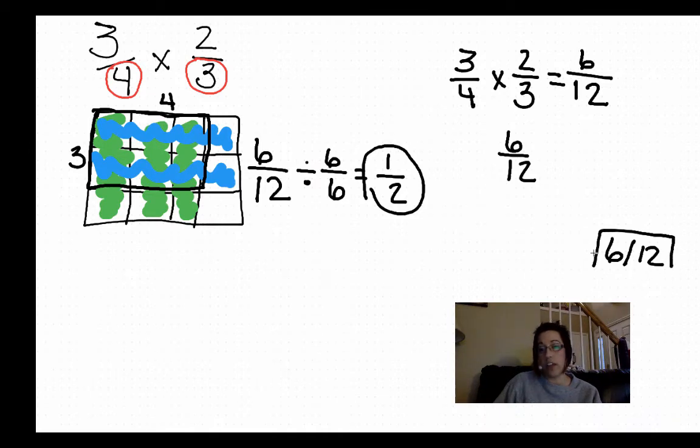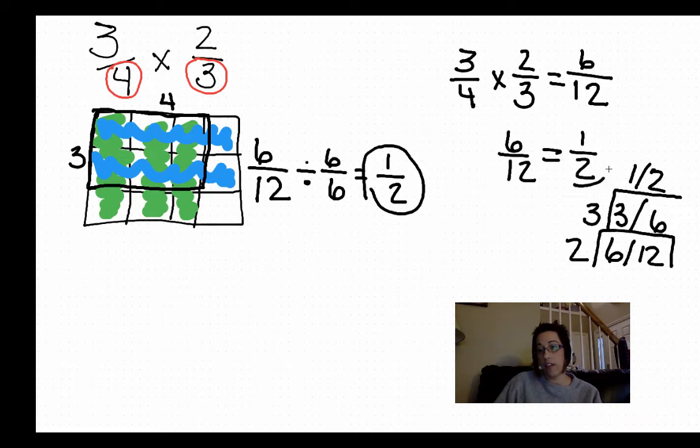Just double checking. I know 2 will go into each. So 3 times 2 is 6. 6 times 2 is 12. I know 3 will go into 6, so I'm going to put a 3 here. And I get 1, 2 times 3 is 6. So I get 1/2 again.